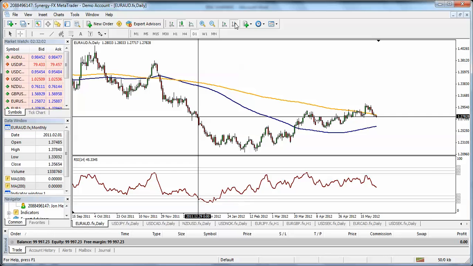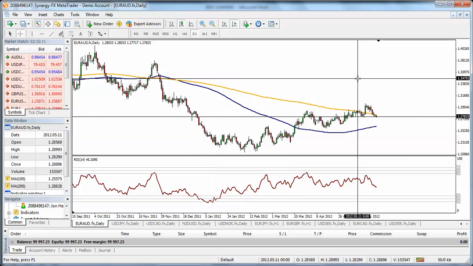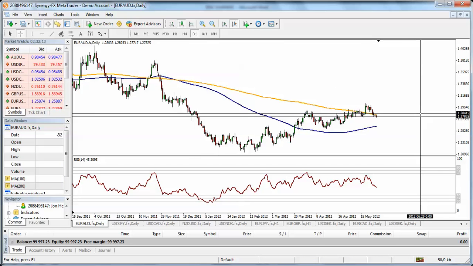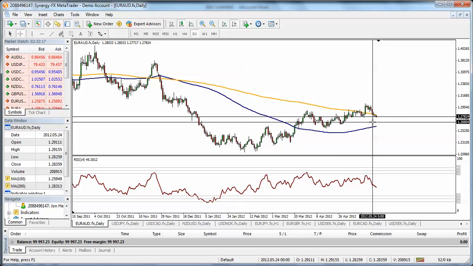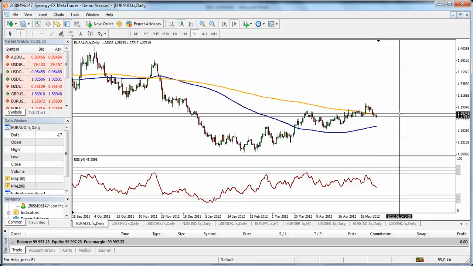I don't like to trade low probability trades, and this is an extremely high probability trade. The risk for this pair would be the 200-day moving average, possibly the open of the largest bar down, which is 1.29111. Those are nice areas to define your risk.